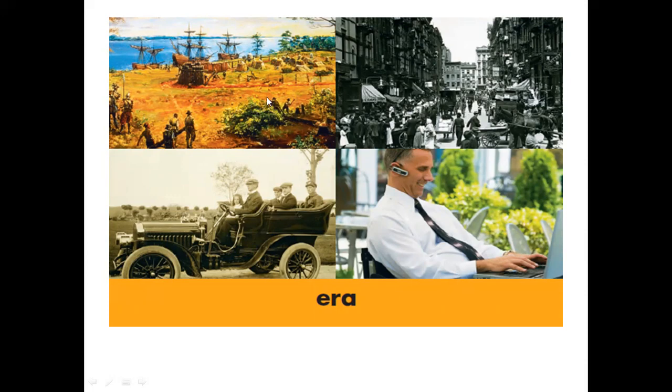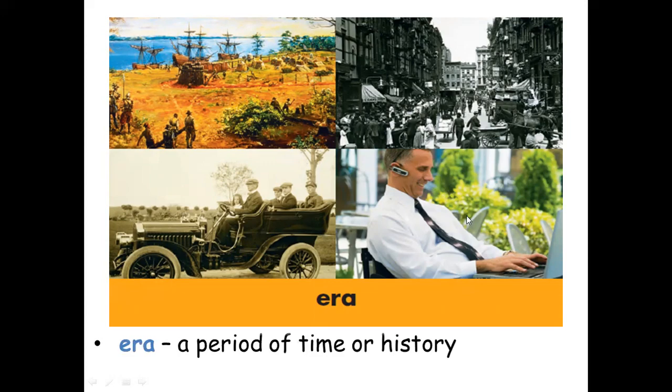This is another one, maybe in the 17th or 18th century. Now we begin to use colors. And the last one is modern day, maybe the 21st century. This man is living in the era of the 21st century. So era is a period of time or history.